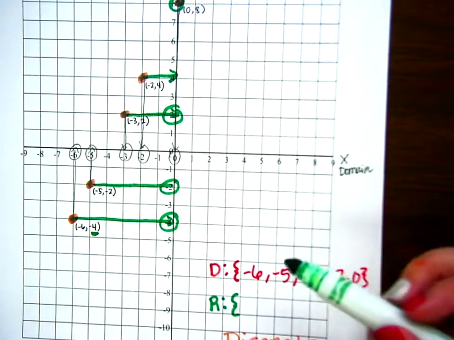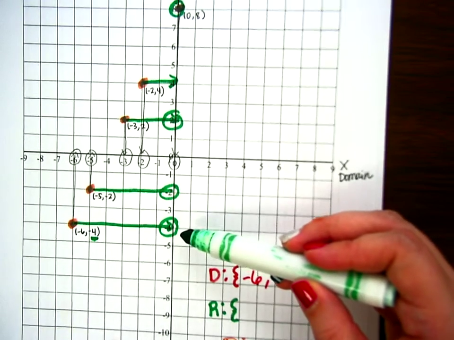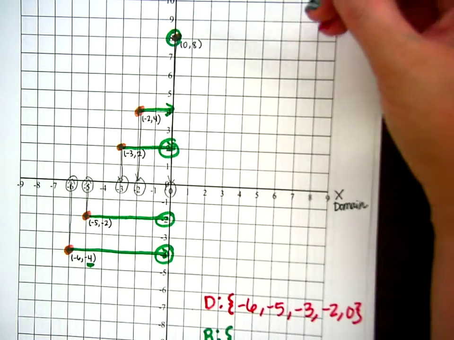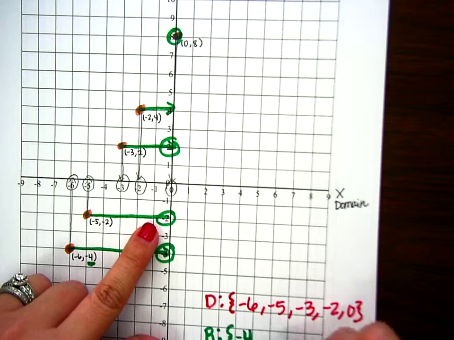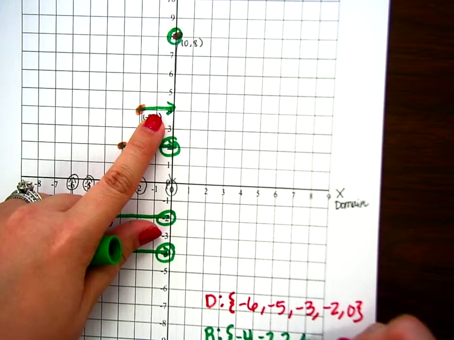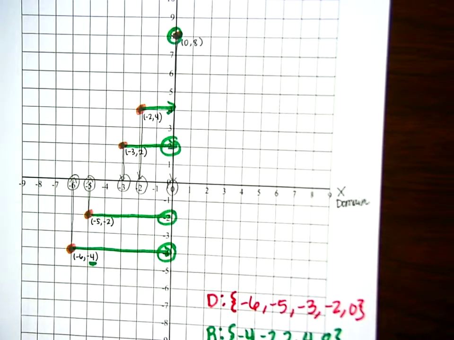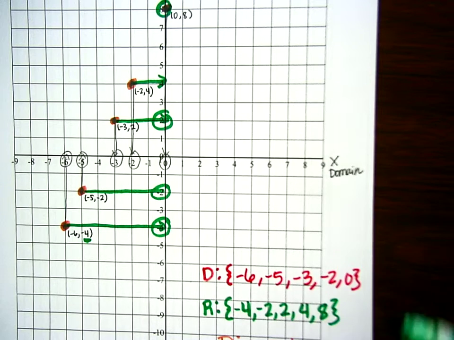So my range is going to be starting with -4 because I want to go least to greatest. On the y-axis, the negatives are down here, and then you move up to the positives up here. So I'm going to start at the bottom. So -4, -2, 2, 4, and then 8. Now I've got my domain and range of my discrete function. Again, discrete is just dots, so you write the domain and range as a list.